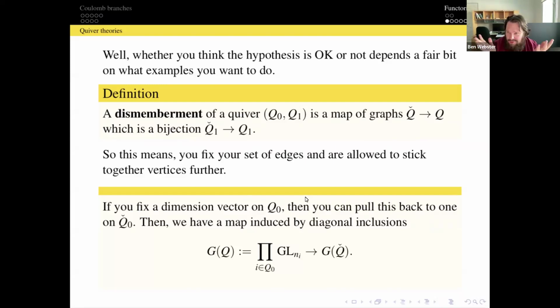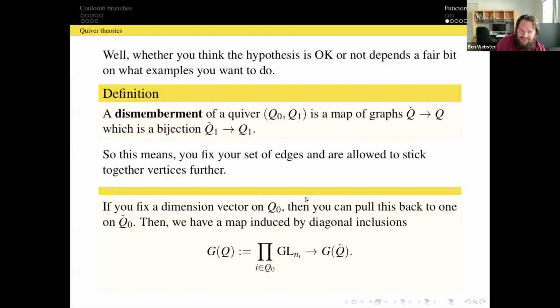The situation where we mainly want to apply this is if I take a quiver, then I can do what we call a dismemberment, which just means at each node of the quiver, I have the option to slice through the node. I picture this like when you cut through a chicken leg and pull apart portions of the graph.